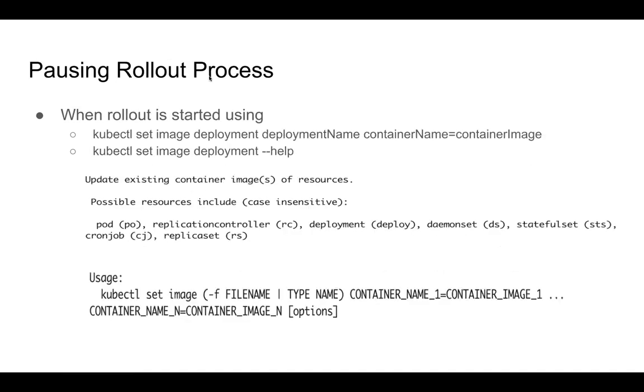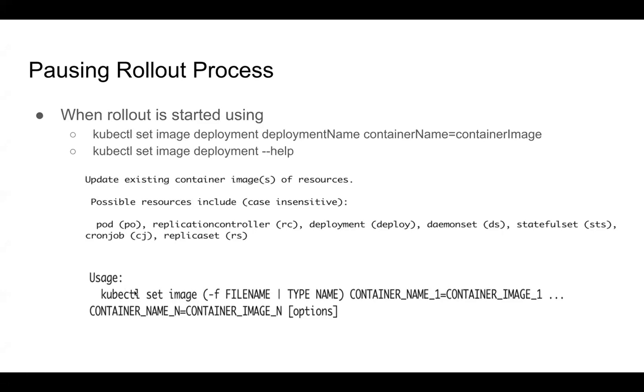So you can pause the rollout also. What do you mean by that? This is the command: kubectl set image deployment name, container image. This is the image you are setting. If you see the help of kubectl set image deployment help, you can see it updates existing images of resources, and the possible resources are pod, replication controller, deployment, daemon set, stateful set, cron job, replica set.